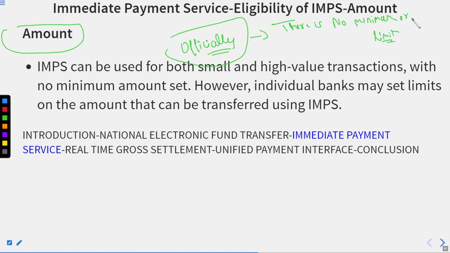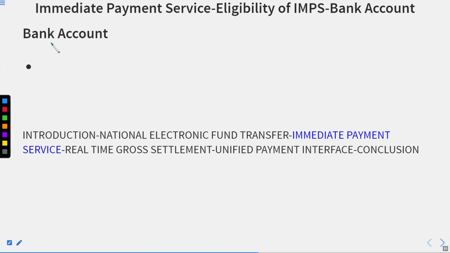Not maximum, no minimum limit is there. But it totally depends upon the individual banks, they might set a limit for the transaction, because they have to employ the resources to facilitate your transaction. So maybe they will ask you to maintain the transaction up to a certain limit.